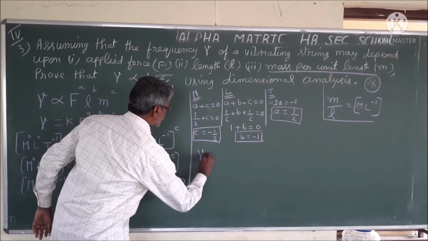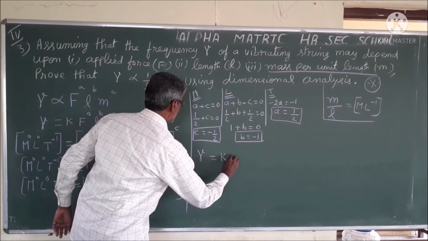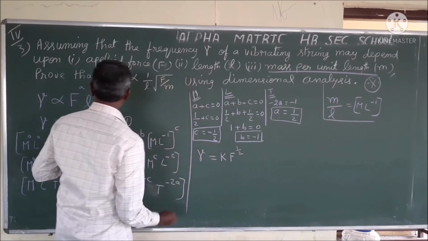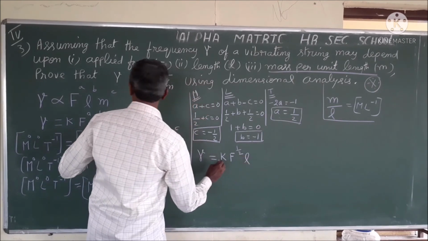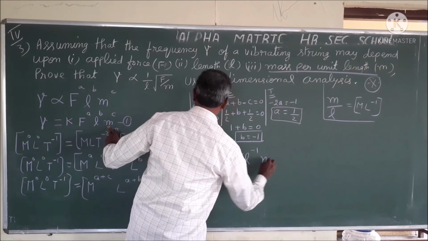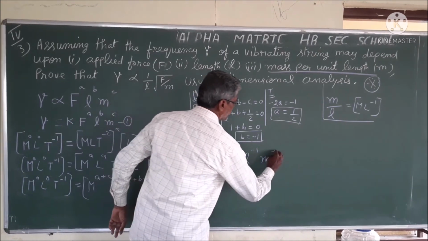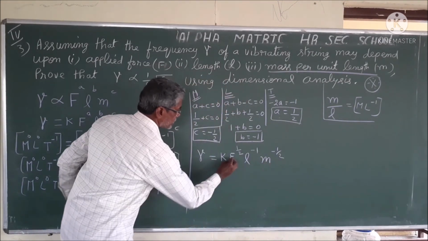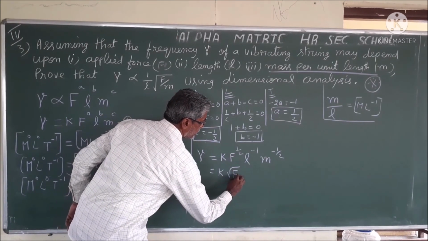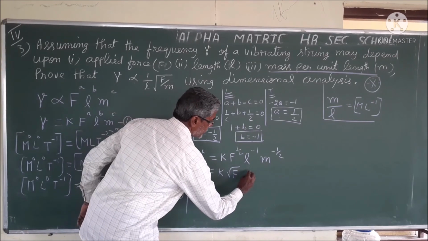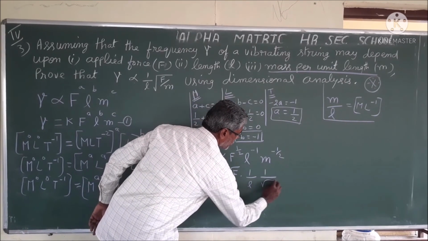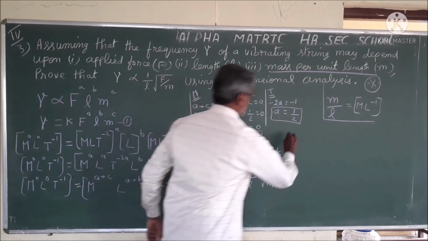So frequency is equal to k, f to the power a, which is 1 by 2, L to the power b, which is minus 1, and m to the power c, which is minus half. This I can write as square root of f, 1 by L, and 1 by square root of m.